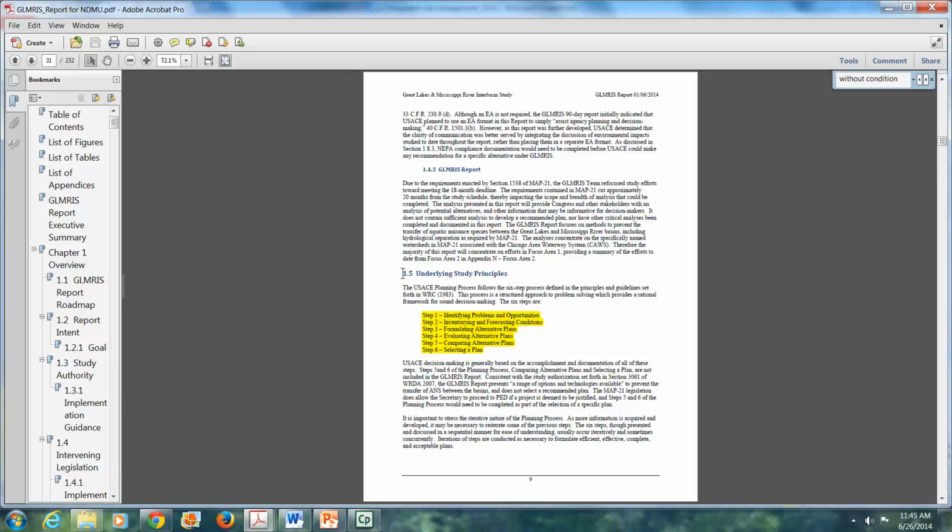The U.S. Army Corps of Engineers has a water resources planning process that has been prescribed for them by the Congress, and it consists of the 6 steps that you're looking at. These 6 steps are very compatible with the risk management model that we were just looking at as well. And so although it would be more accurate to say they were following this planning process, they were in fact doing something that was very compatible with what we've been discussing.